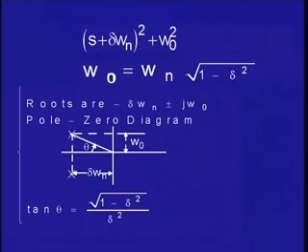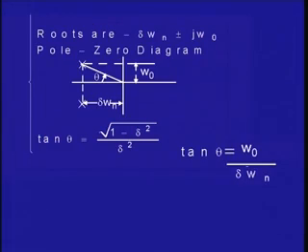Now, if I write it this way, then the corresponding poles will be as shown once again, where the imaginary part will be j omega 0 and the real part will be delta omega n. As a result, if I draw the diagram showing the angle theta once again, the angle theta will be given by tangent of theta equal to omega 0 divided by delta omega n.